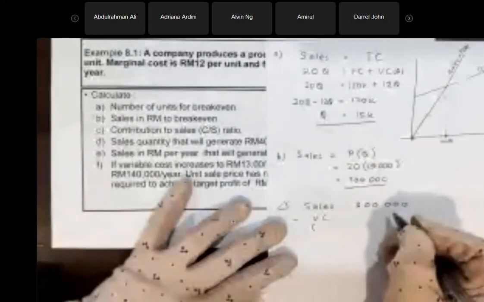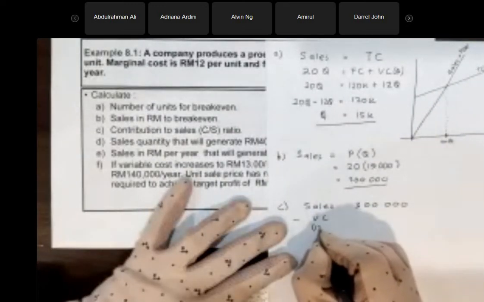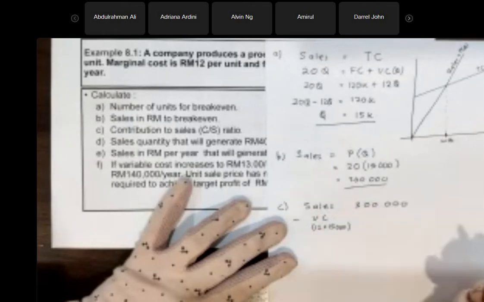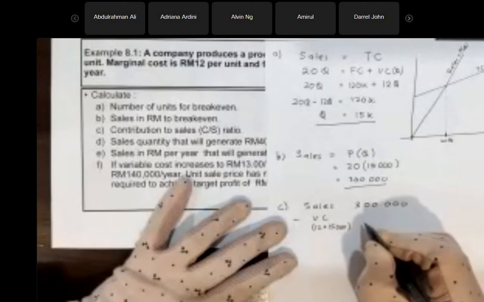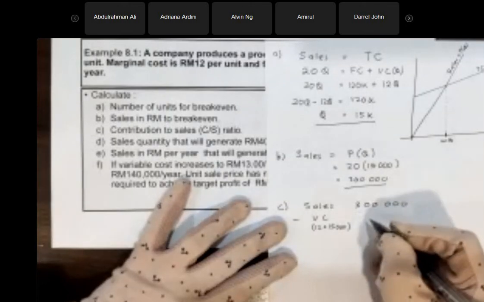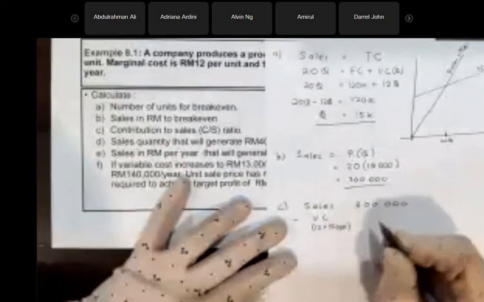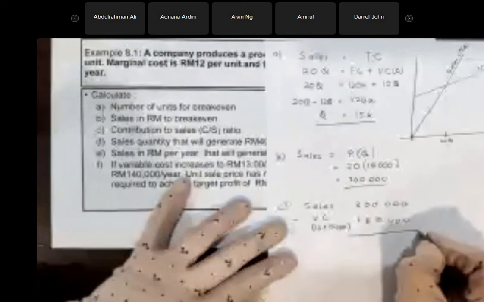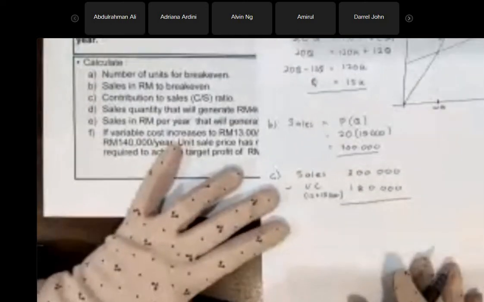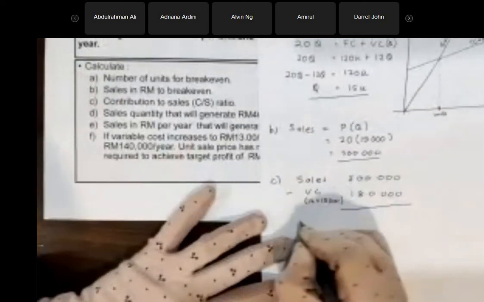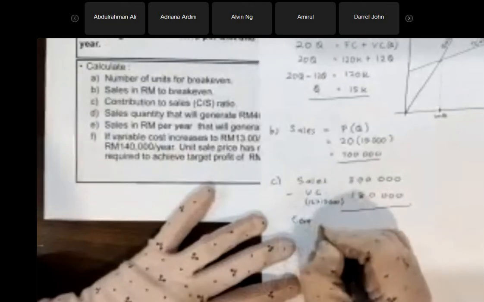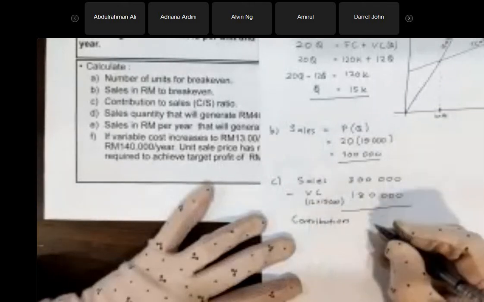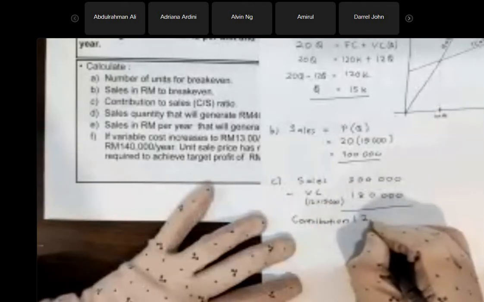Variable cost is 12Q, times 15,000. So it is 180,000. So you get the contribution, 120,000.